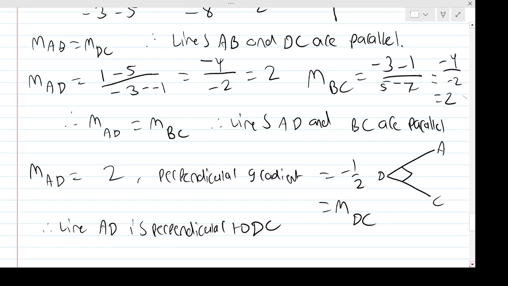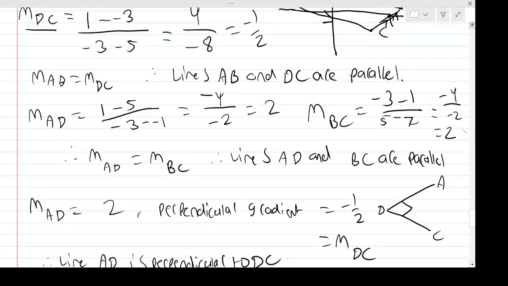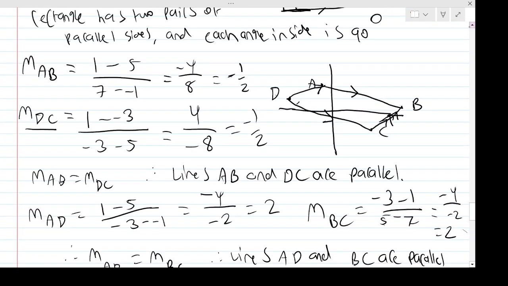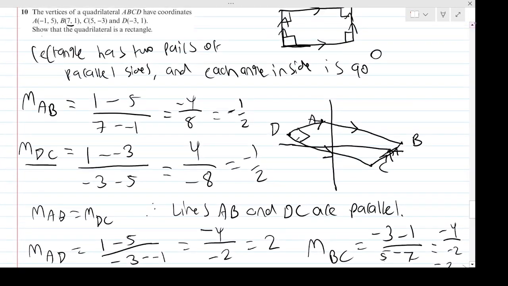But that means the angle here, angle ADC, is equal to 90. It's a right angle. That's proving that one angle inside is 90. But it turns out that all angles in the rectangle are 90.